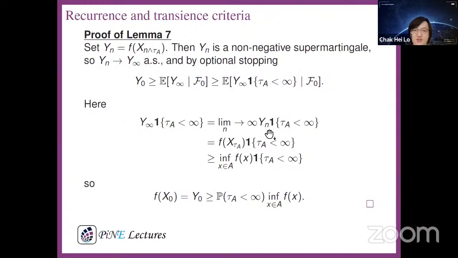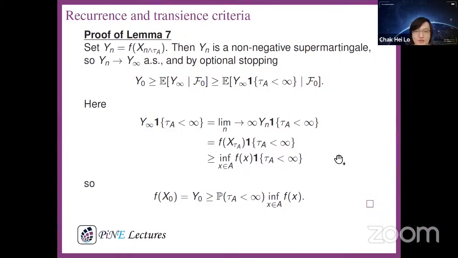So this is just f(X tau A) by definition, and this is greater than or equal to the infimum of f(x).